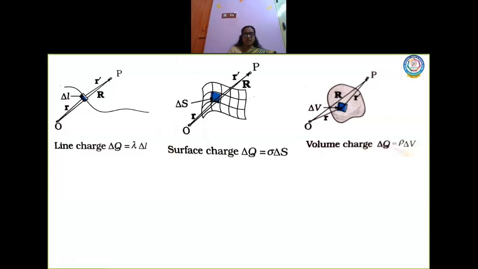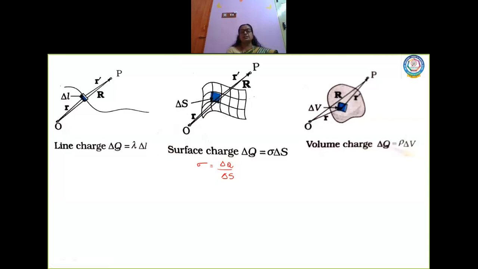Now let us take this diagram. Surface charge density is represented by sigma. Sigma is del Q by del S. So what is del Q? Del Q is the number of charges that are present in this small element with respect to the small area.